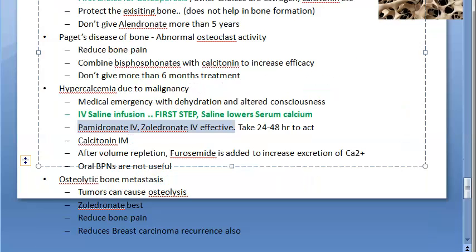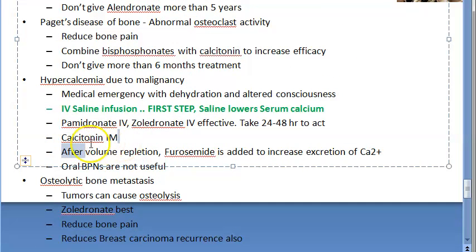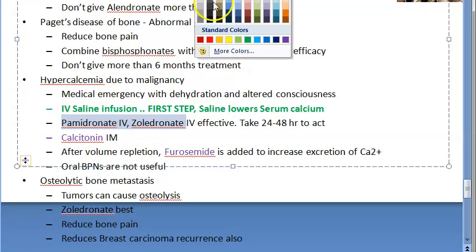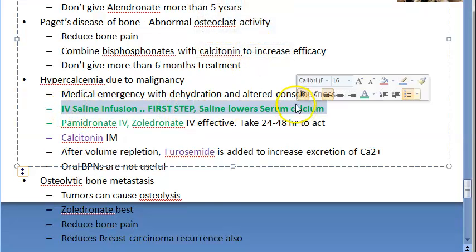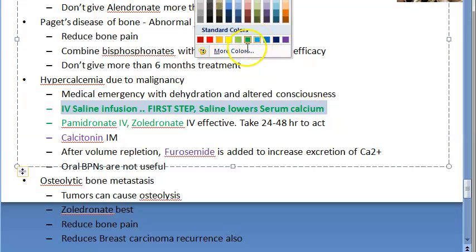You can also give calcitonin IM. Then you can give furosemide, okay. So calcitonin and furosemide you can also give. Pamidronate and Zoledronate are the bisphosphonates that you give. Saline infusion is the first step. Remember, saline itself lowers calcium.